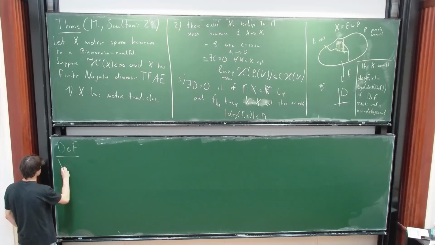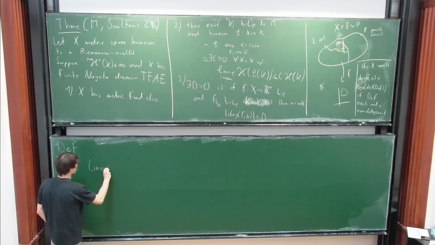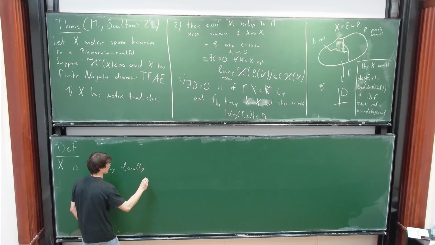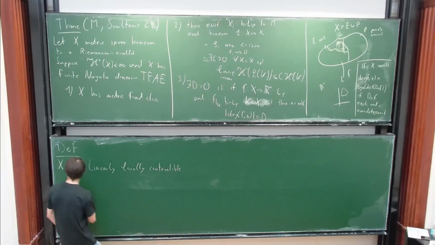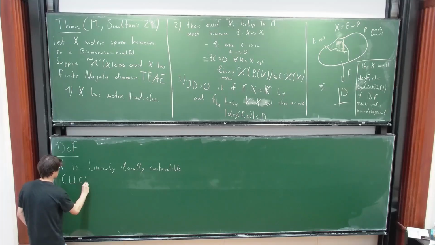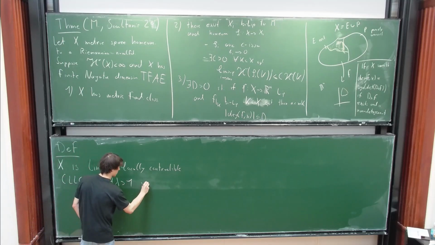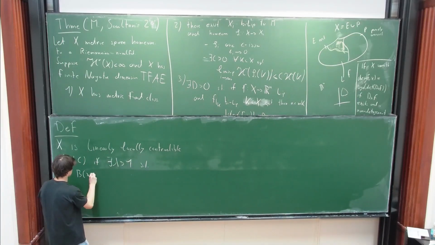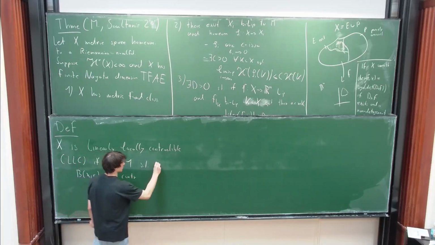We say a metric space X is linearly locally contractible, or LLC for short, if there is some constant such that each ball is contractible for all x.